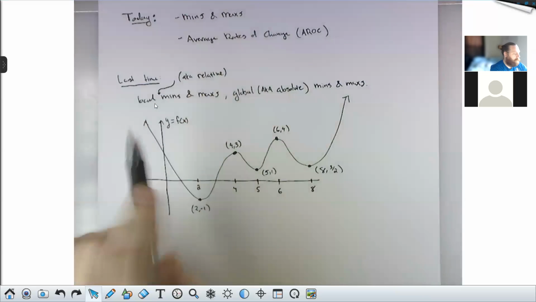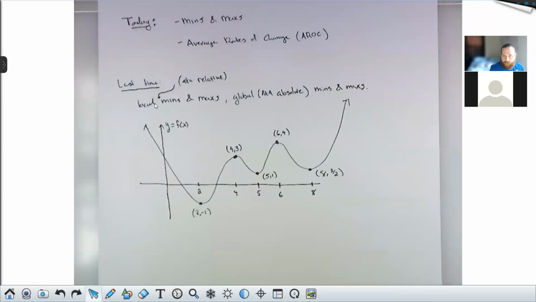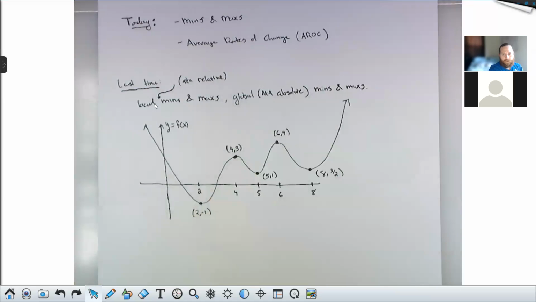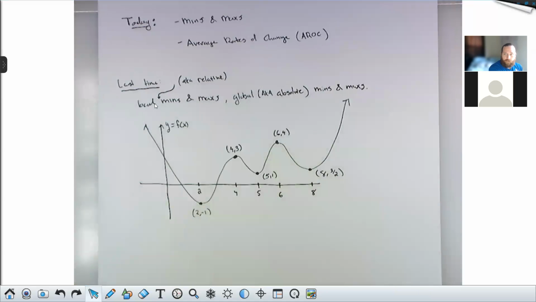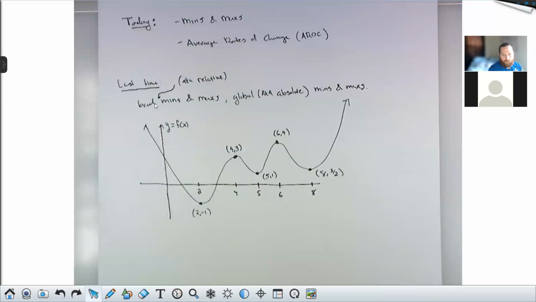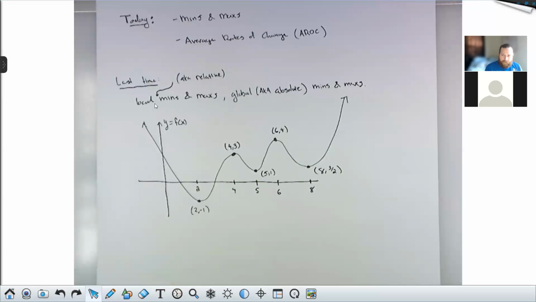So if you hear someone talking about a local max or a relative max, that's the same thing. If you hear someone talking about a global max or an absolute max, that's the same thing. The words local and relative are interchangeable. The words global and absolute are interchangeable. There's some specifics to the terminology here.